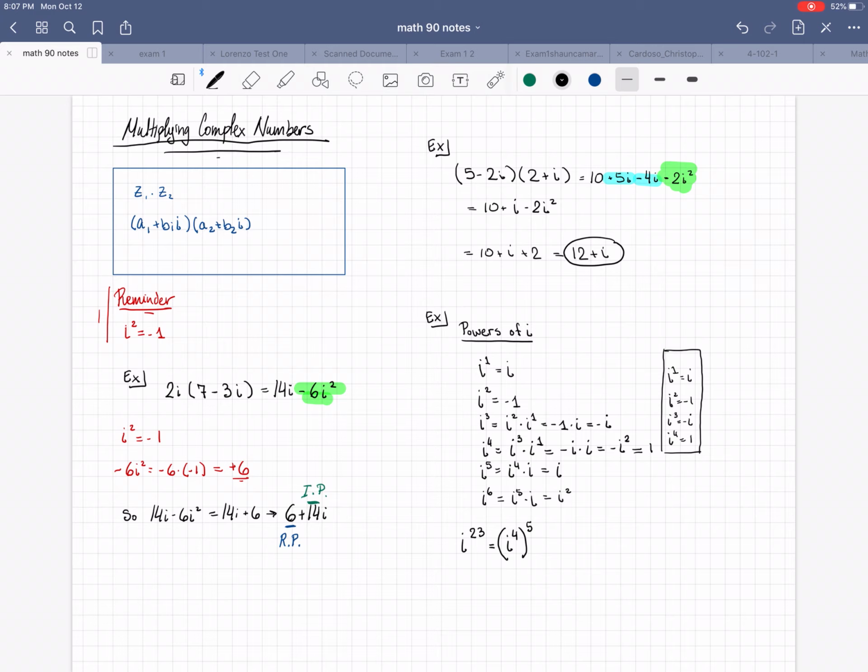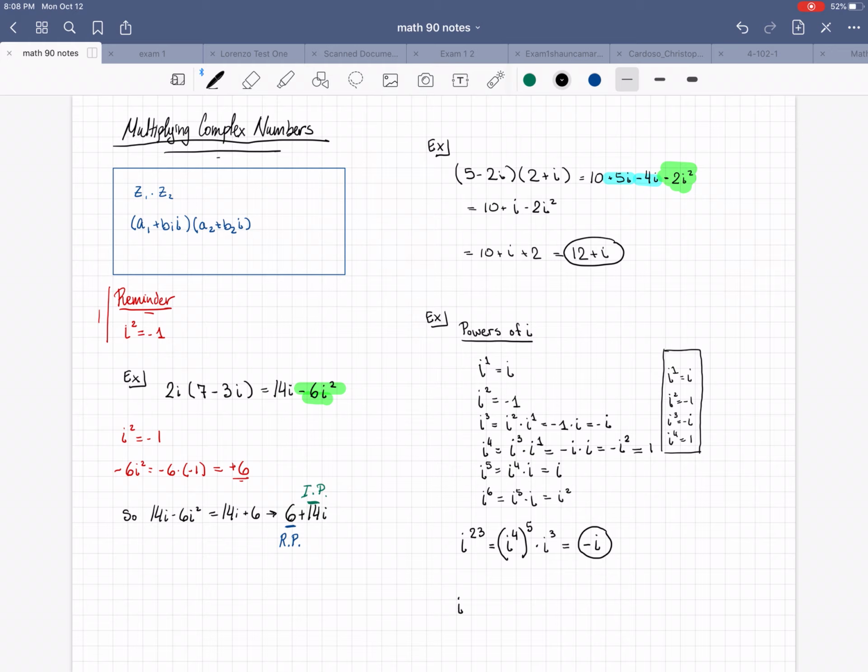And then what's left over? 3. So since i cubed is negative i, and i to the 4th is 1, what I have here is 1 times negative i. So i to the 23rd power is the same as i cubed.